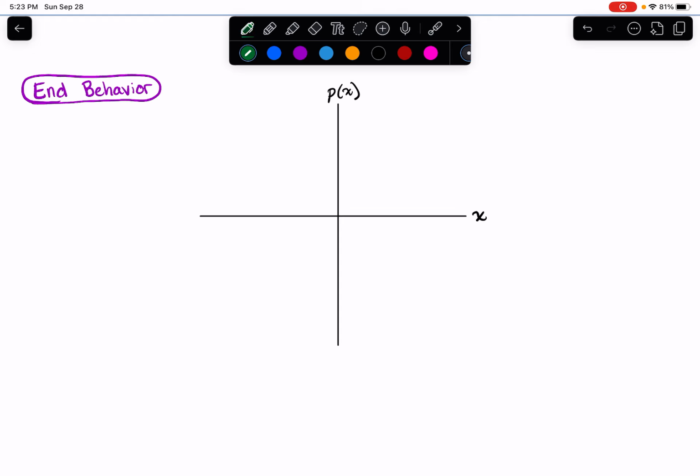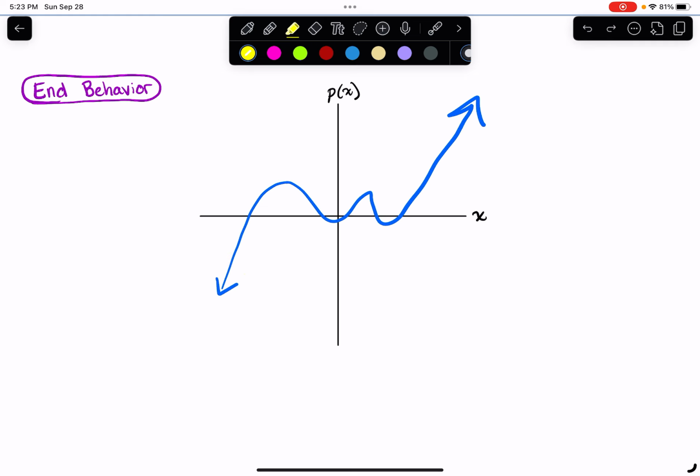So let's say our polynomial looks like this, for instance. Our end behavior describes what happens as we go in this direction and what happens as we go in this direction.